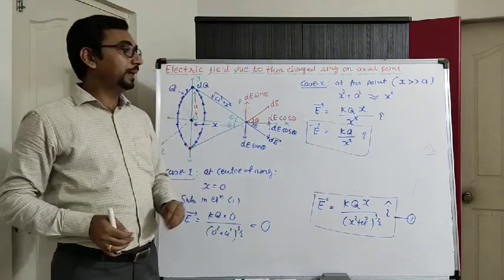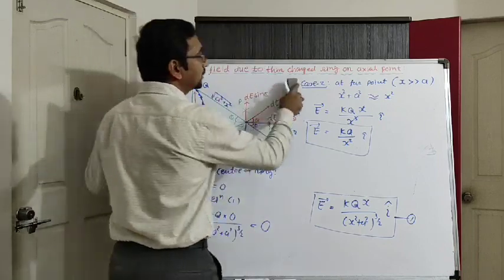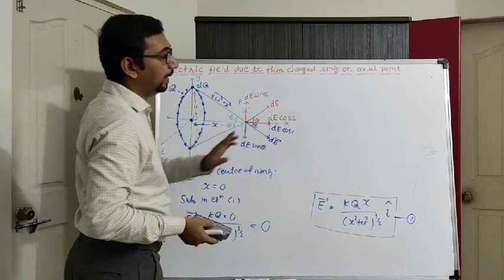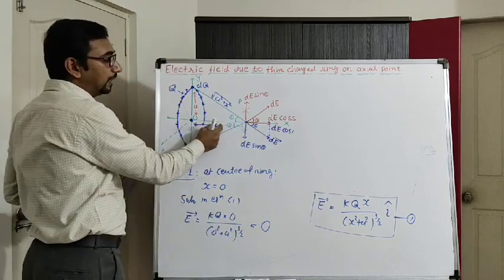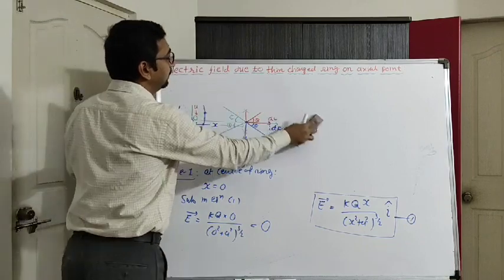So we'll try to find out a point where electric field becomes maximum. So it may be over here or any point. So we'll try to find out the value of x where electric field is maximum.